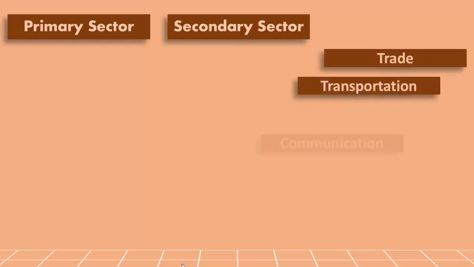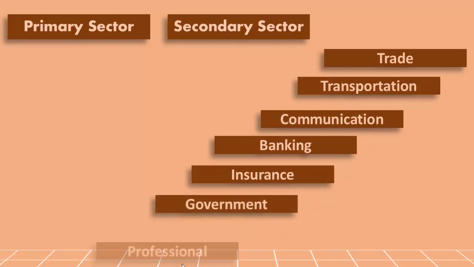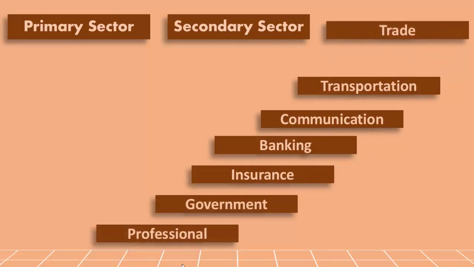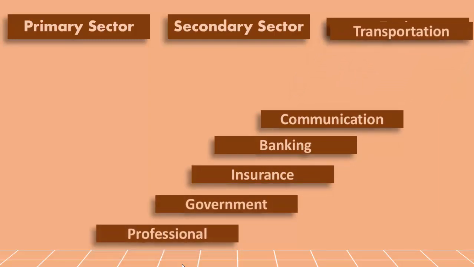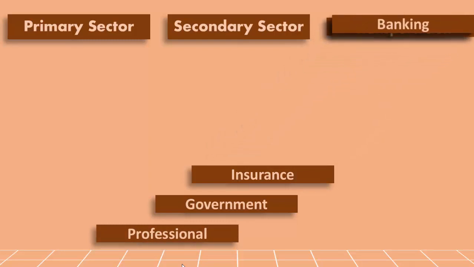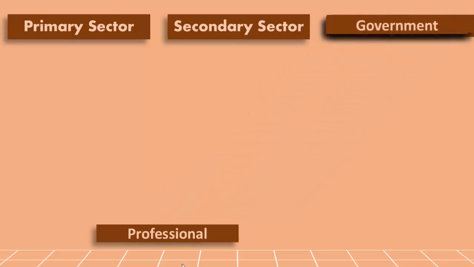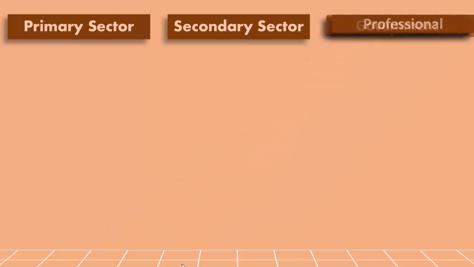Take units trade, transport, communication, banking, insurance, government services, and professional services. They engage in the production and sale of non-tangible goods, that is, services. All such units are grouped under tertiary sector.